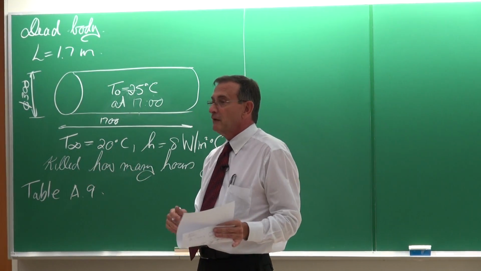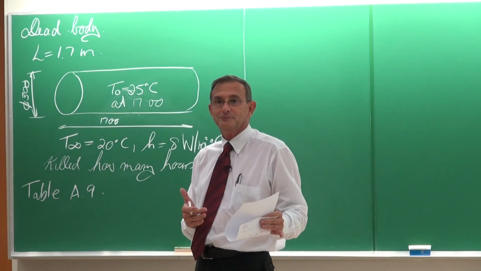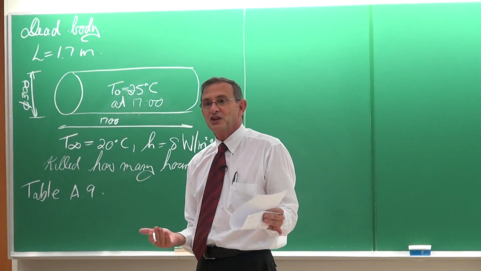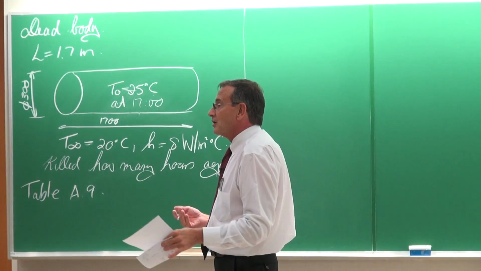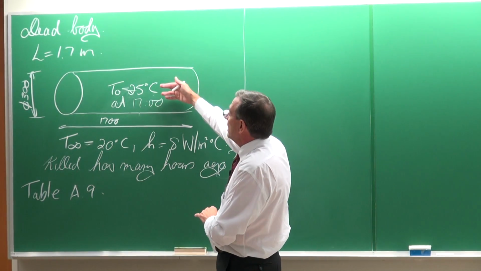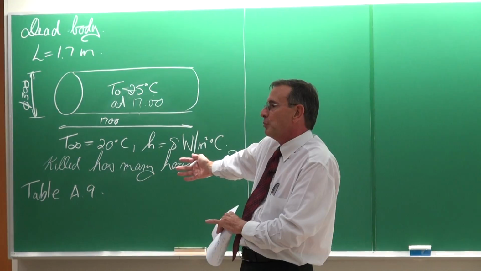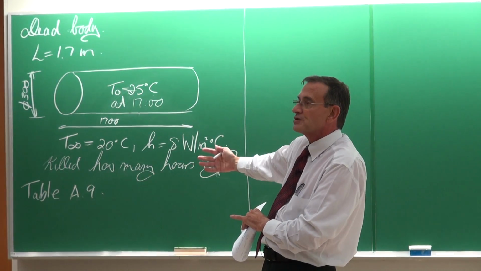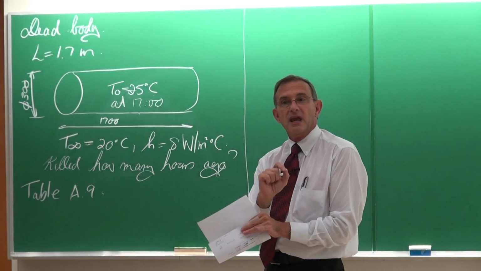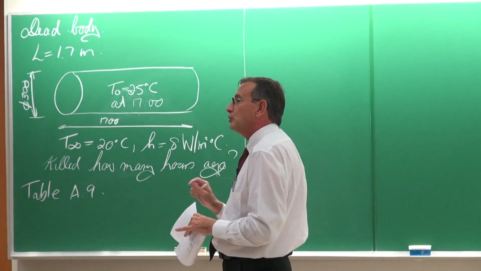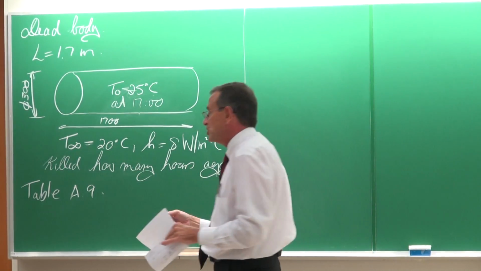For most of us, if you're healthy and living, your body temperature should be 37. So the properties somewhere between 37 and 25 will most probably be the properties that you will have to use. You're going to see in many cases that we are going to refer to this temperature as the bulk temperature.